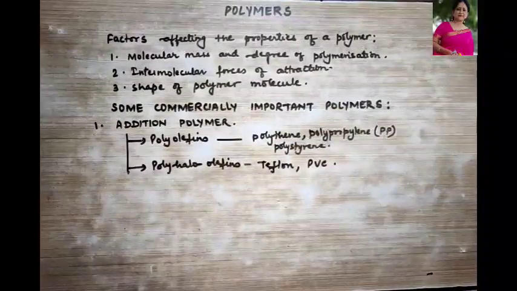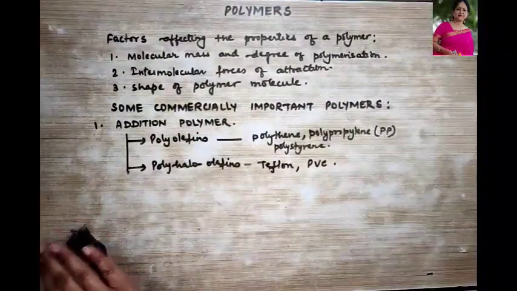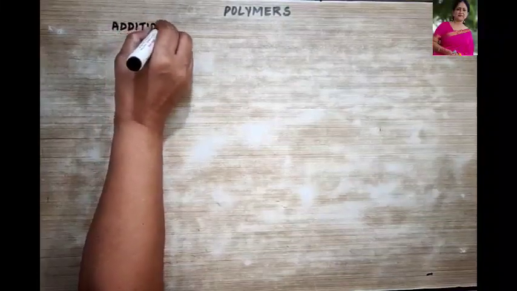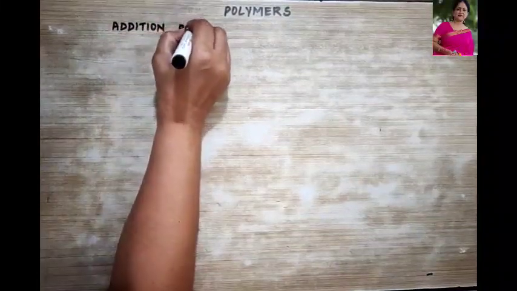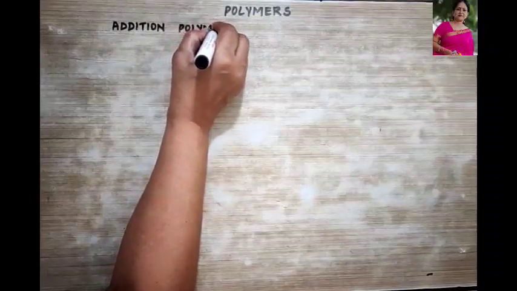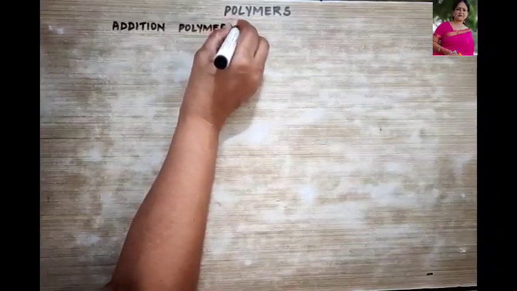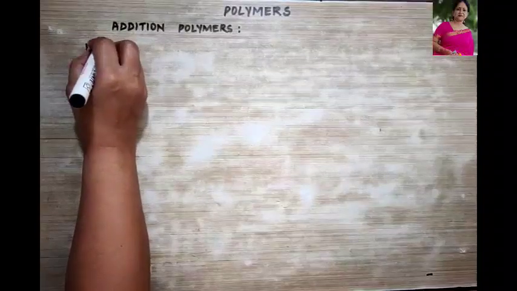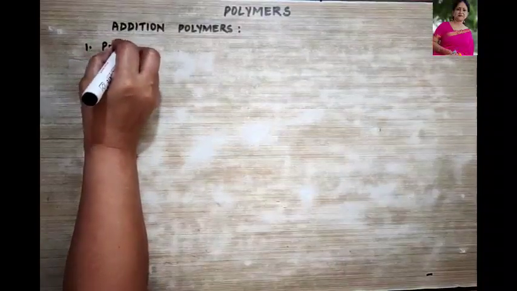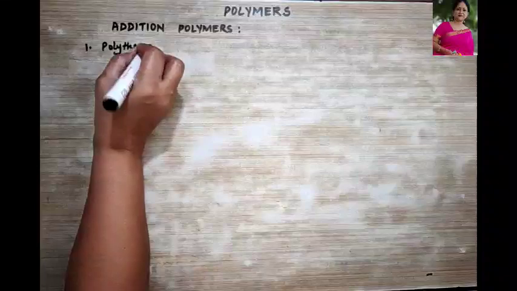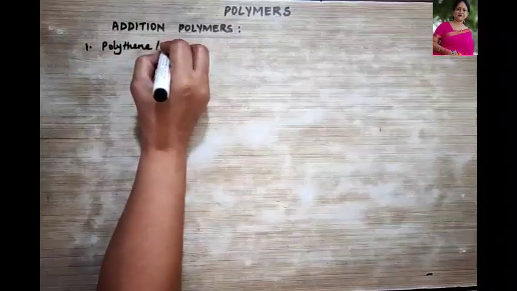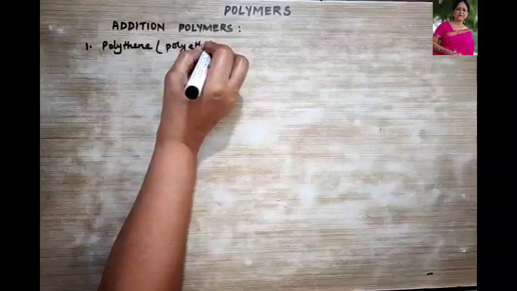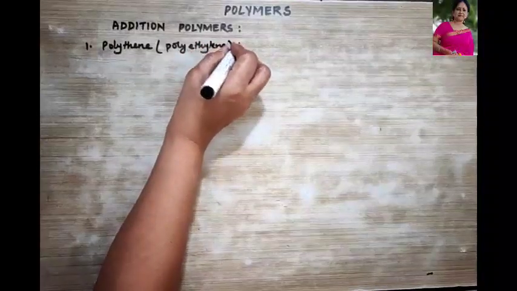So let us begin now with some commercially important addition polymers. To begin with, the first one we are going to study is polythene, which is also called polyethylene.